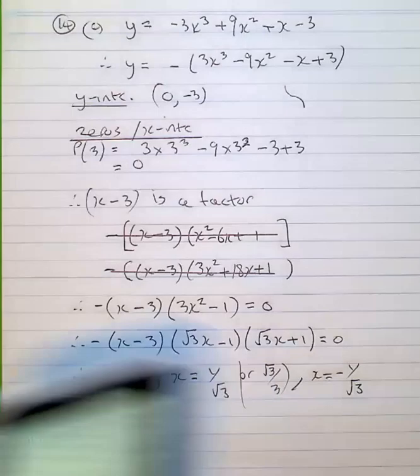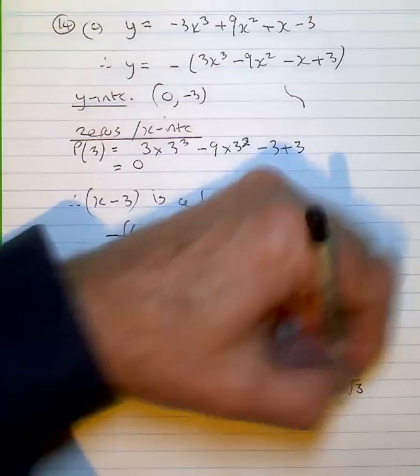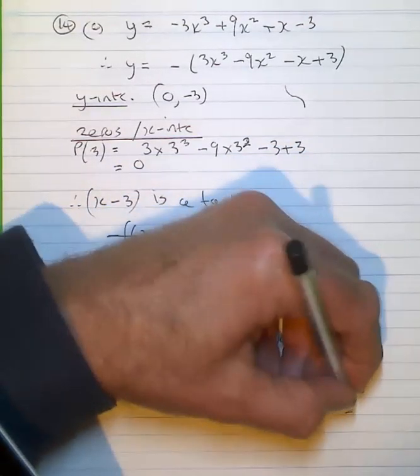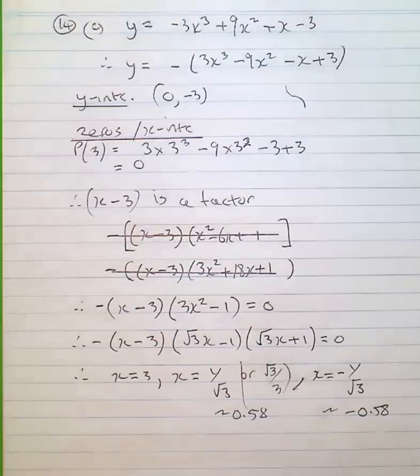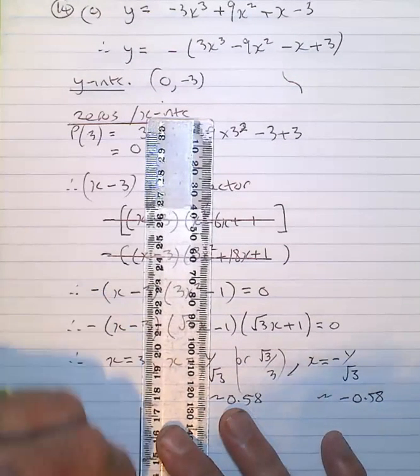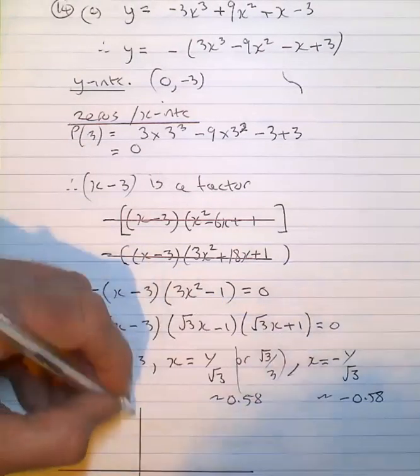Now, it's a bit of a ballpark as to where 1 over root 3 is. It's about 0.58, and about negative 0.58. So that gives me enough information in order for me to be able to sketch the graph.